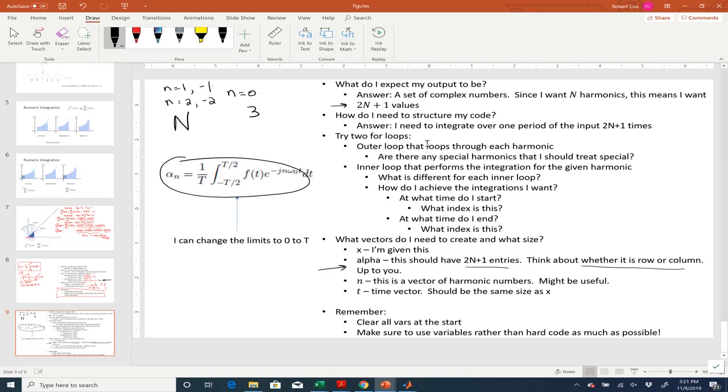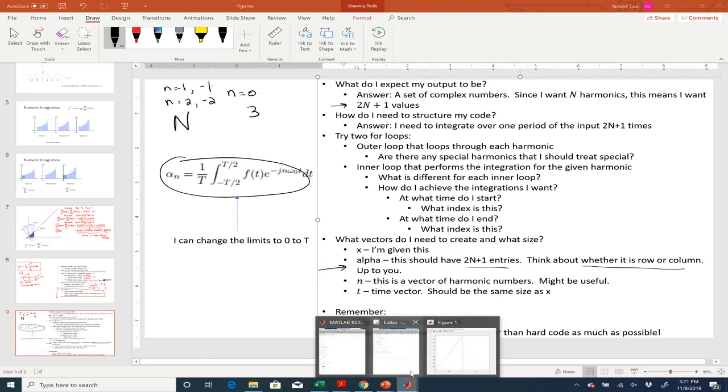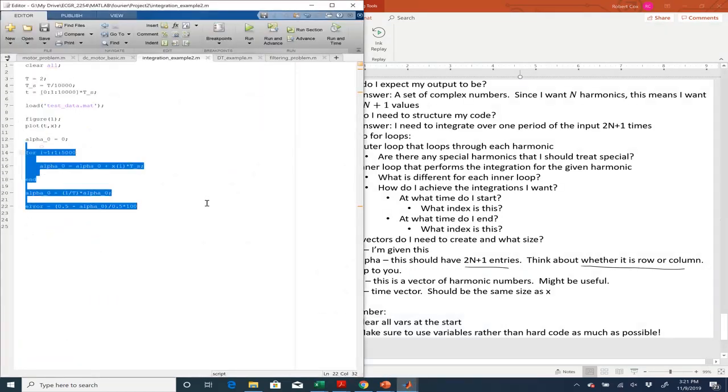So I probably want 2 loops. I have an outer loop that loops through each harmonic, in other words, 2n plus 1 times, and then an inner loop that performs the same integration that I showed right here.